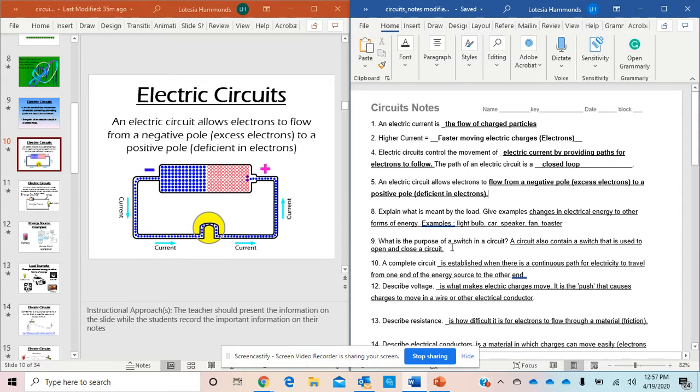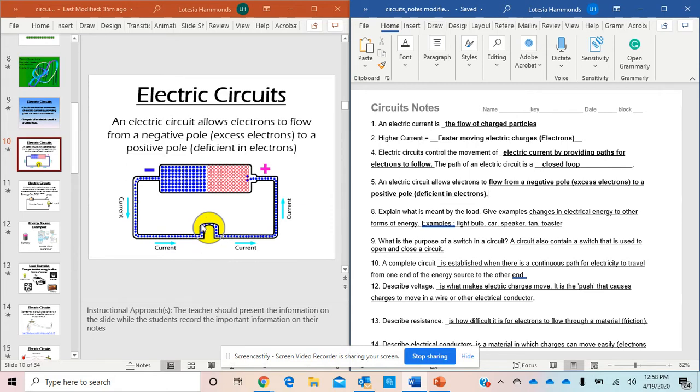The representation of the positive and negative is the different sides of the battery that we displayed in our previous circuit image. Again, the battery is what provides the energy needed to cause these electrons to flow. It flows from the negative side, where you have a lot more electrons present, through the circuit.